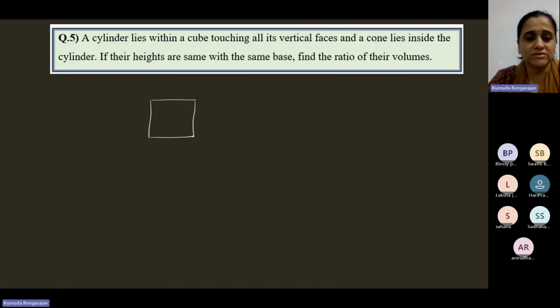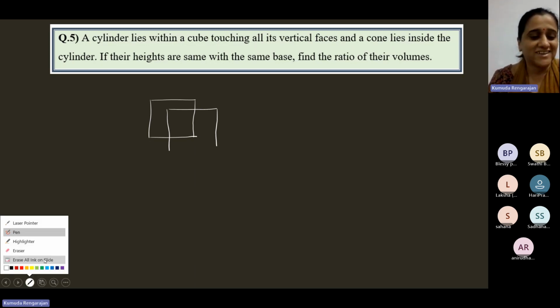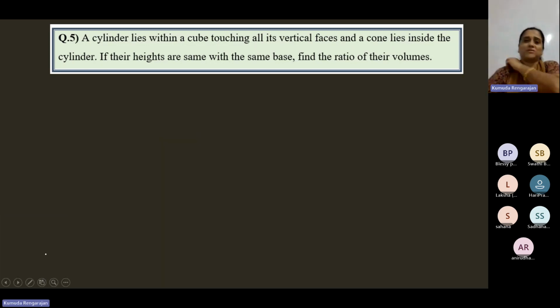I'm a very bad artist. Imagine a cube. Imagining is very important. I can just browse the net, get the picture, and put it on the screen. Let me do that.